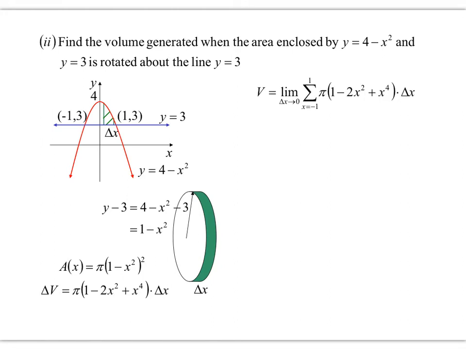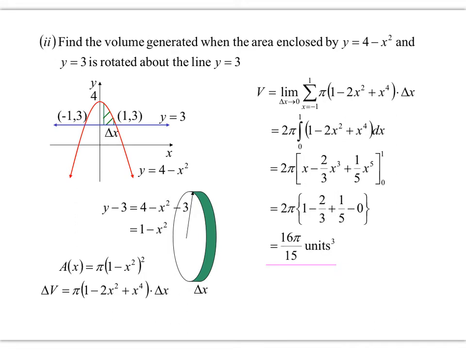Express our volume as a limit going from -1 up to +1, and finding the sum of all of those little disks, which can be expressed also through symmetrical properties, going from 0 up to 1 and doubling that, and then integrate this expression. So integrate it, sub in your values, and there's our exact value.